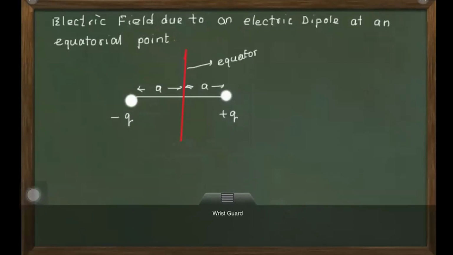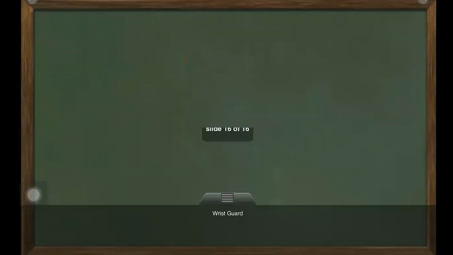So if you take a point here, at this point, anywhere, you can take a point on this line, that will be called equatorial point. You have to find how much amount of electric field is produced at these points. So we are going to find it out.